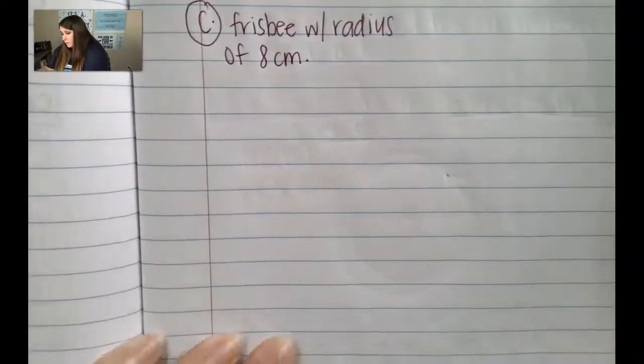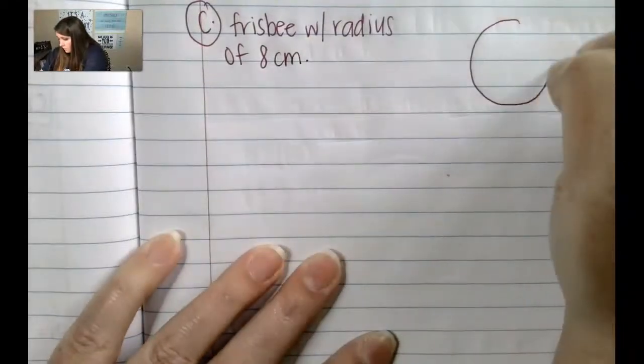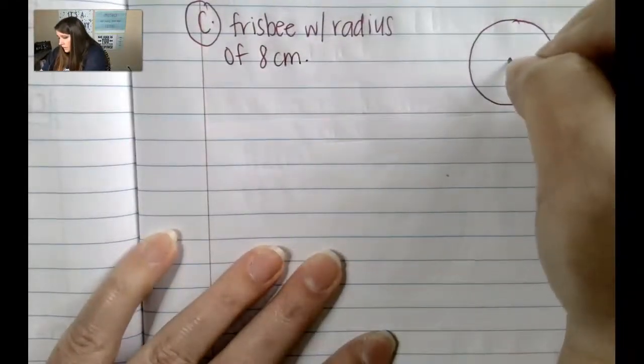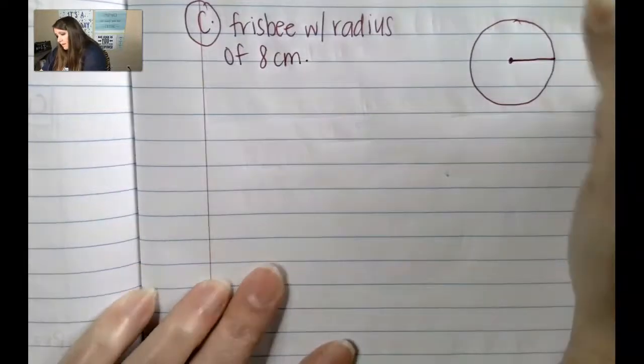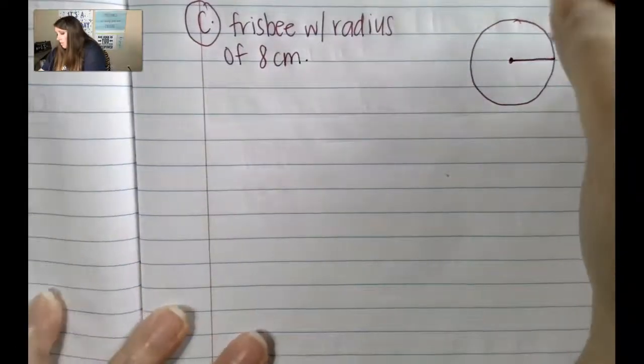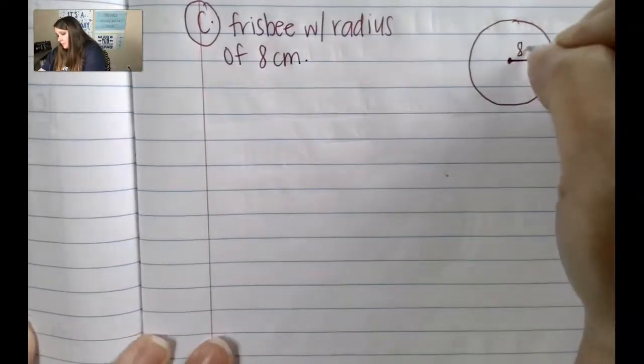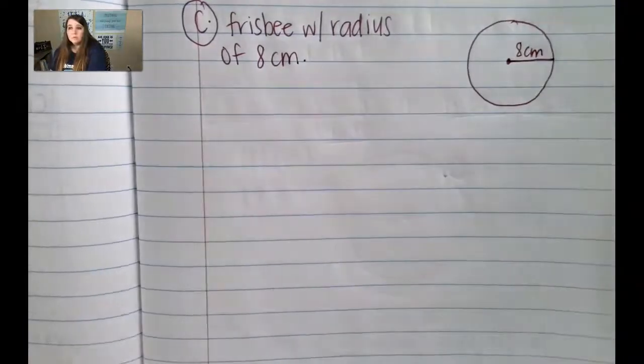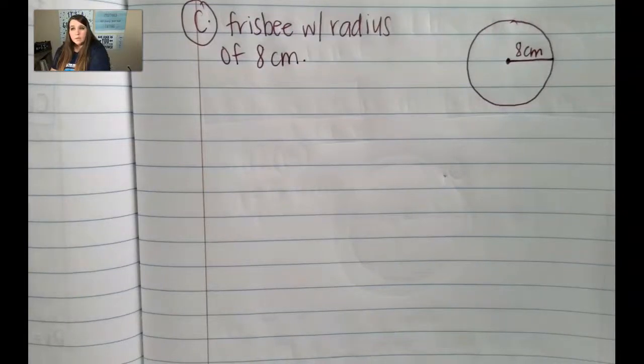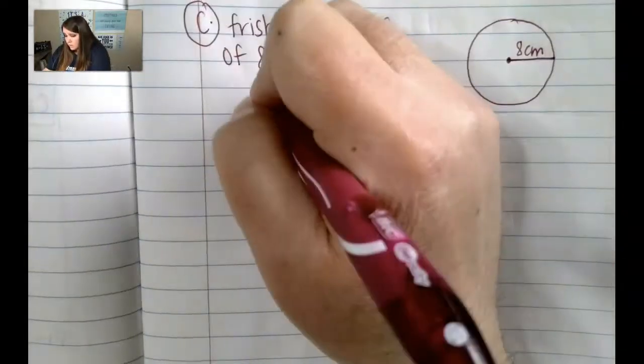So I have a frisbee. Here's my frisbee. My radius is 8 centimeters. Okay, so 8 centimeters, but I want to know what is the circumference. So what is the circumference?